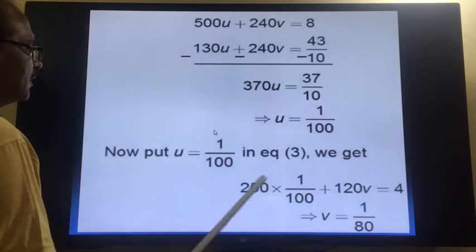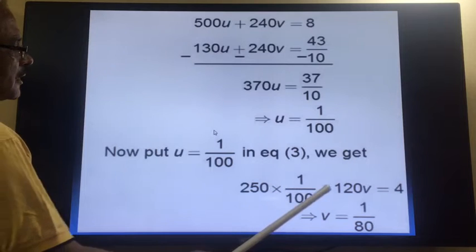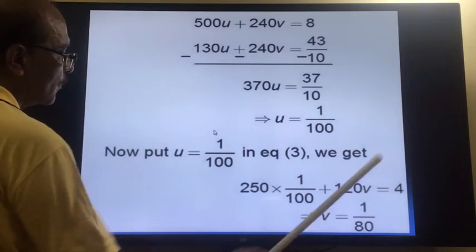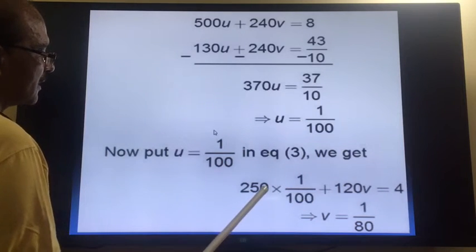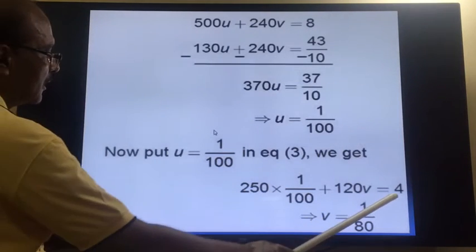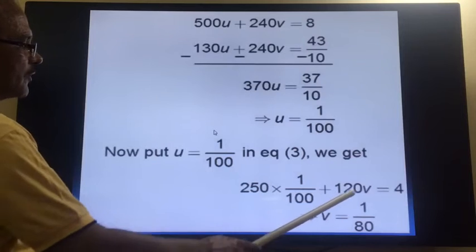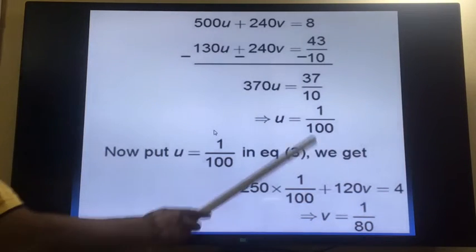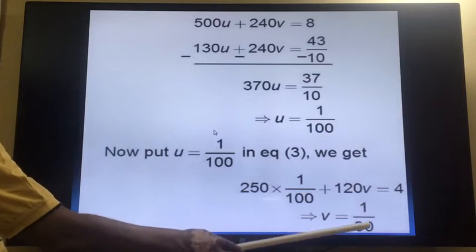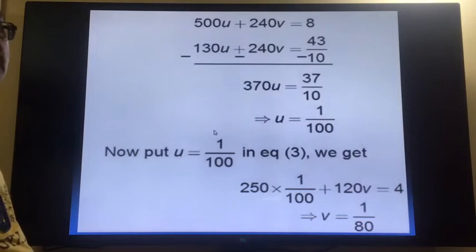So 250 in place of u, 1 upon 100, plus 120v is equal to 4. In this case 10 will cancel, it will be 2.5, and here you can transfer to the other side. So after simplification we will get v is equal to 1 upon 80. So u is equal to 1 upon 100 and v is equal to 1 upon 80. These values we get after simplification.